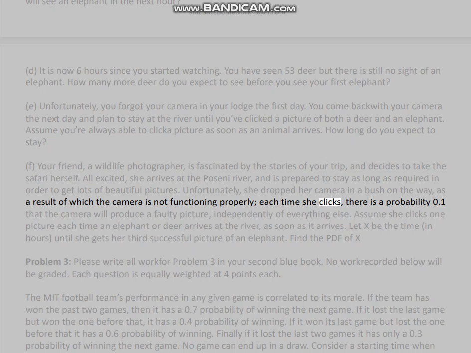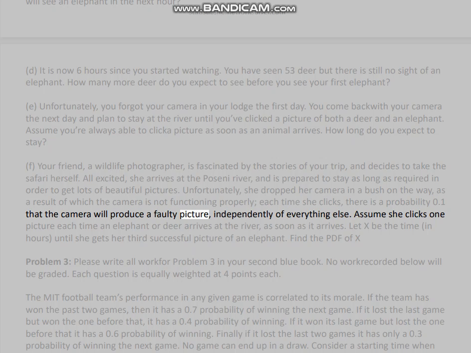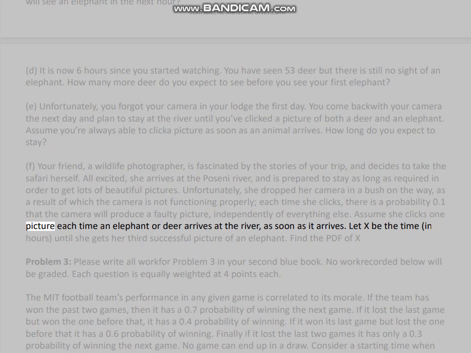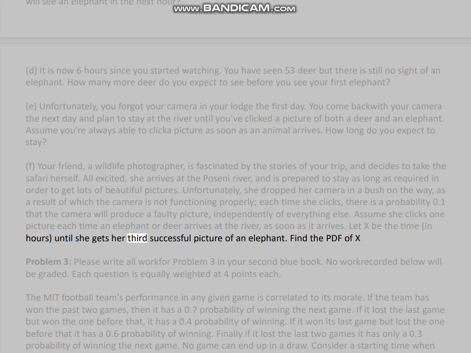Each time she clicks, there is a probability 0.1 that the camera will produce a faulty picture, independently of everything else. Assume she clicks one picture each time an elephant or deer arrives at the river, as soon as it arrives. Let X be the time, in hours, until she gets her third successful picture of an elephant. Find the PDF of X.